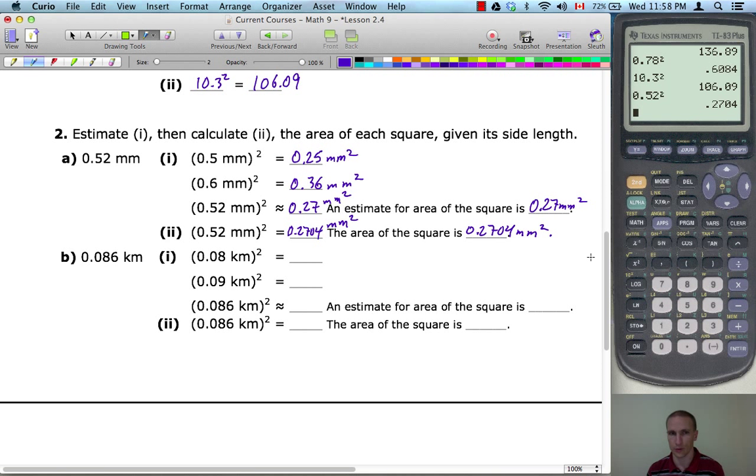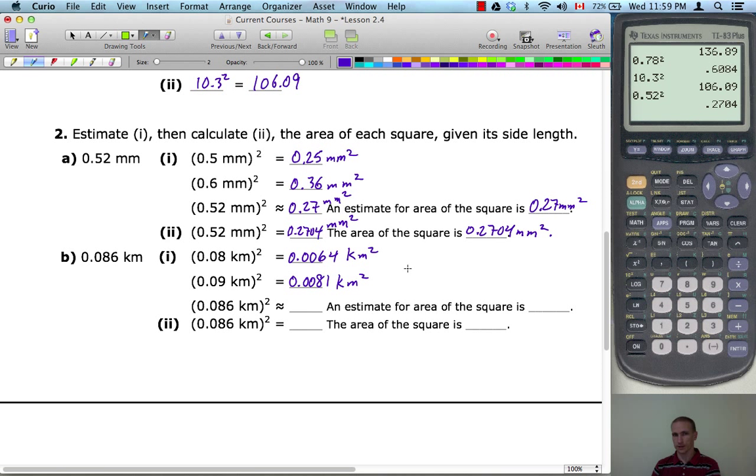If you're taking 0.08 and you're squaring it, you get, so first of all, 8 times 8 is 64. 0.08 times 0.08 has the 64 in it, but we go from having 2 decimals in each factor. 2 and 2 is 4, so it should be 0.0064 square kilometers. 0.09 squared is going to be 0.0081, and this is kilometers squared.